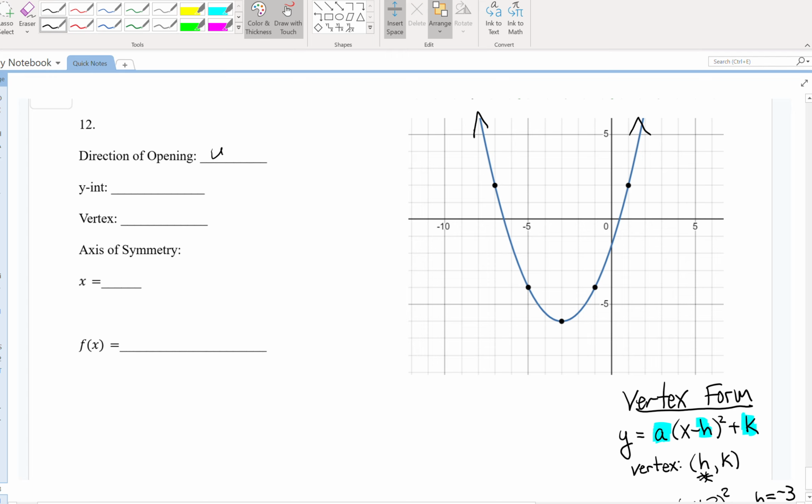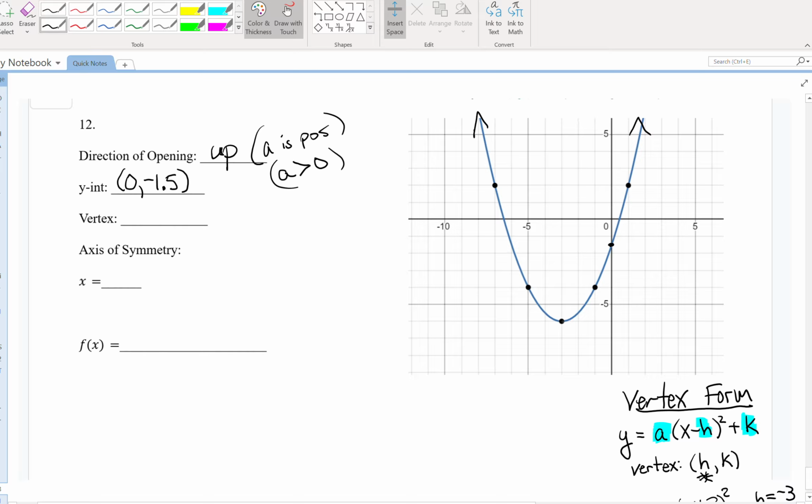So that tells us that a is positive, that is to say, a is greater than 0. The y-intercept looks like it's right here in between -1 and -2, so I'm just going to guess it's at (0, -1.5).